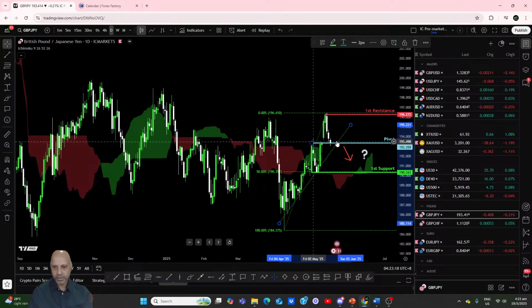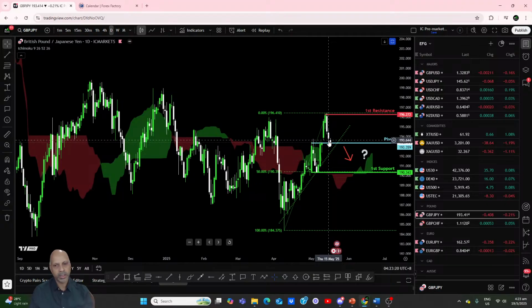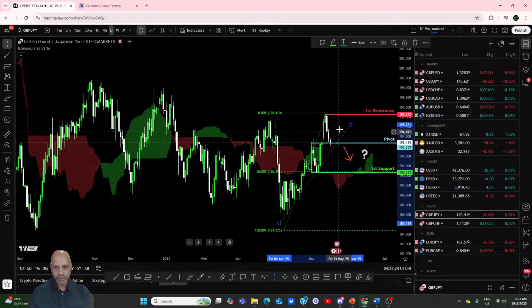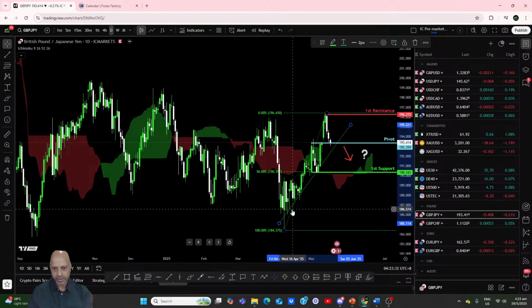If this trend line gives way, if we do see pound yen break through the pivot and of course break through this ascending trend line, we are very likely to see the downfall accelerate. Remember, this has been a pretty significant ascending trend line that has been in place since 11th of April. We can see pound yen bouncing off this ascending trend line several times from 11th of April all the way to as recently as 6th of May.